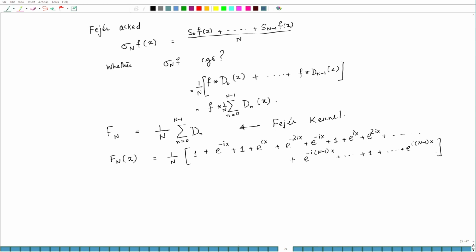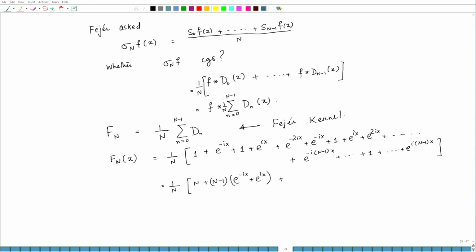Okay. So, now how many ones are there? There will be n ones. So, this is n. How many e to the power minus i x will be there? n minus 1, and the number of e to the power i x is also n minus 1. So, this is (n minus 1) times e to the power minus i x plus e to the power i x.